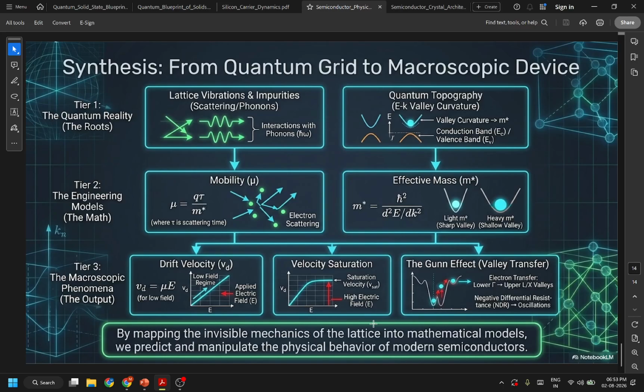So here is the summary. Lattice vibrations and impurities result in scattering of phonons, and quantum topography is given by the E-k valley curvatures, which result in m star for the conduction band and valence band. Mobility comes from scattering of electrons and is defined by q tau by m star, where tau is the scattering time.